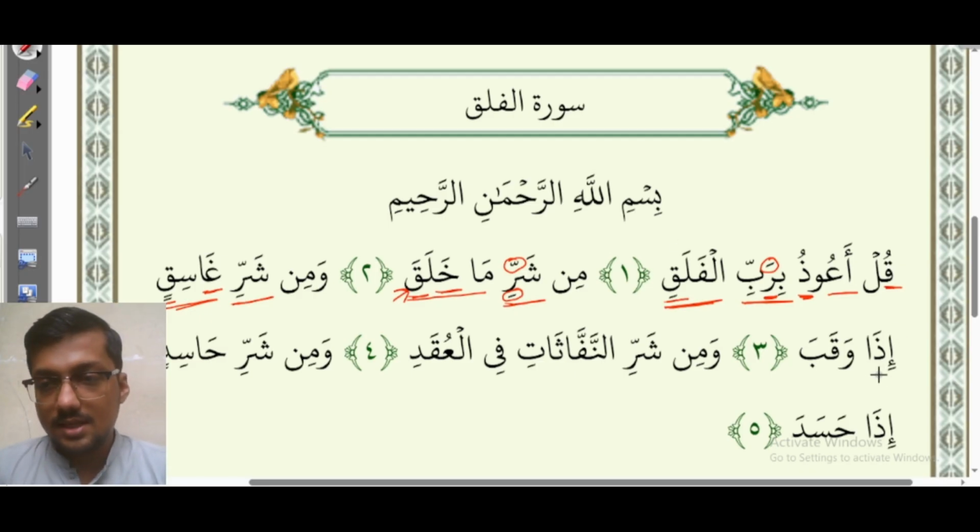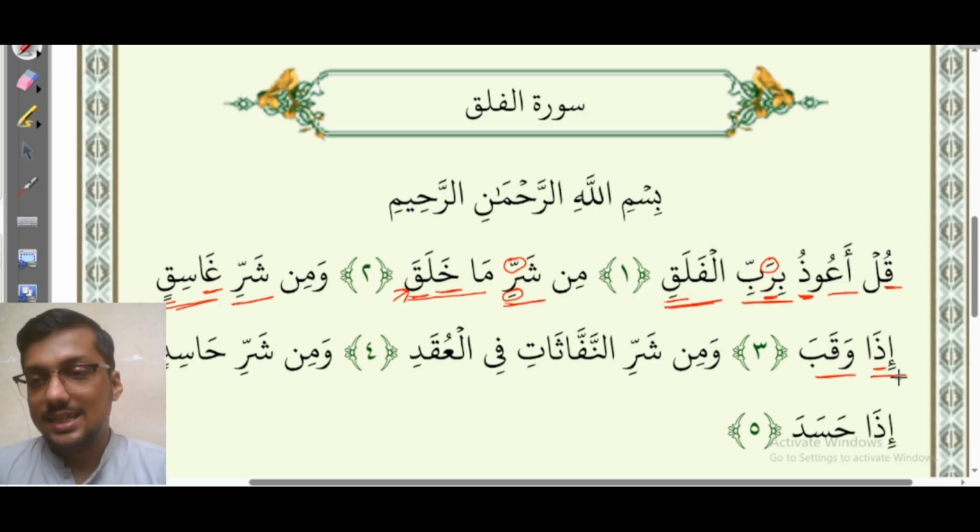Now next, إذا وقب. In this word, we have the letter Zal, which is a light letter. We have to read it lightly. Idha, not Iza, that will make the word wrong. Idha waqab. At the end, we have the letter Qaf and letter Ba.